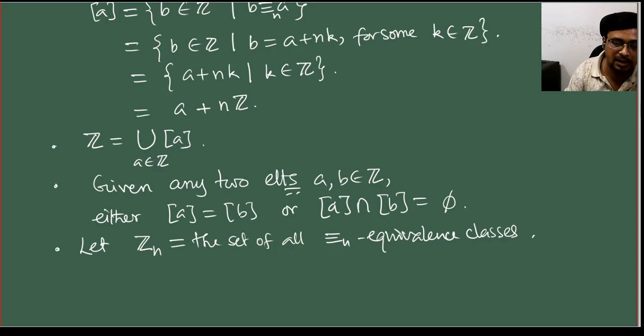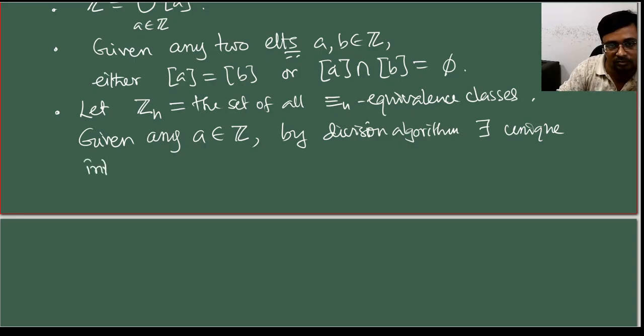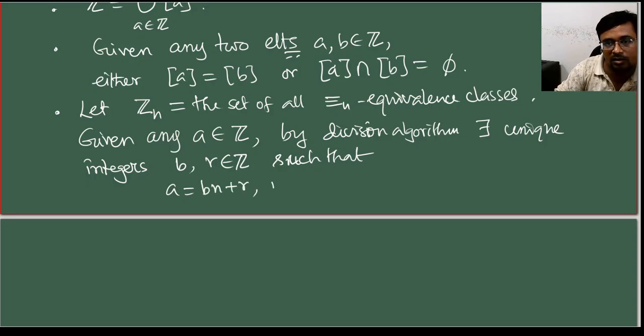Now note that given any integer a belongs to Z, by the division algorithm, there exist unique integers b and r in Z such that a equals bn plus r, where either r equals 0 or 1 is less than or equal to r is less than or equal to n minus 1, right?